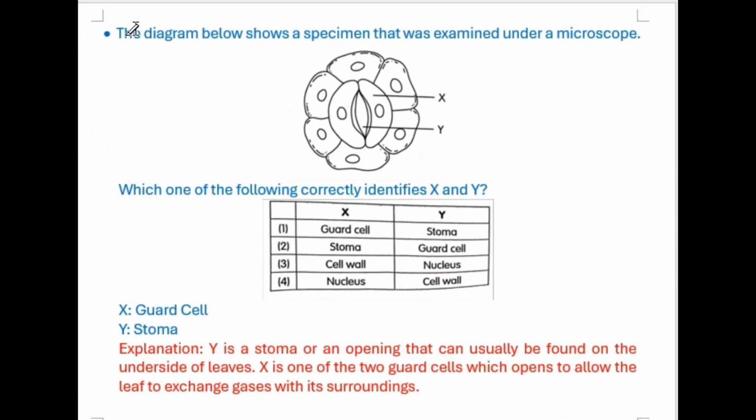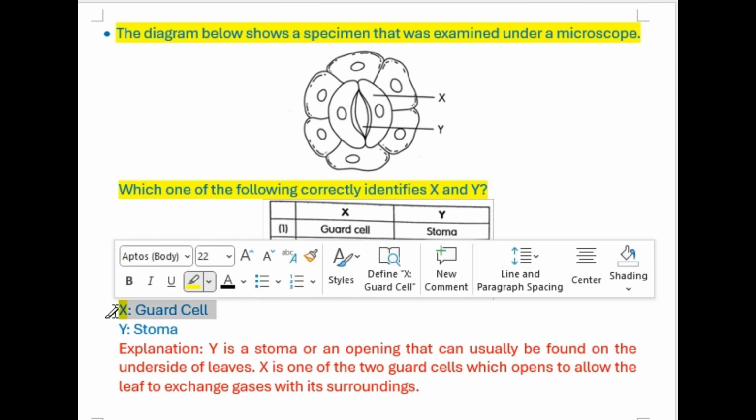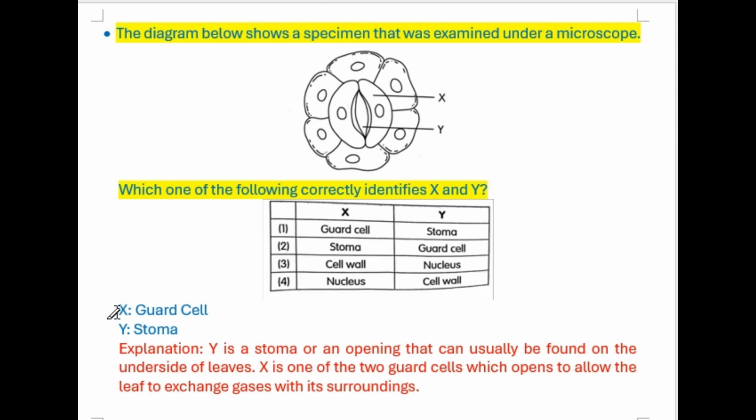The diagram below shows a specimen that was examined under a microscope. Which one of the following correctly identifies X and Y? X. Guard cell.